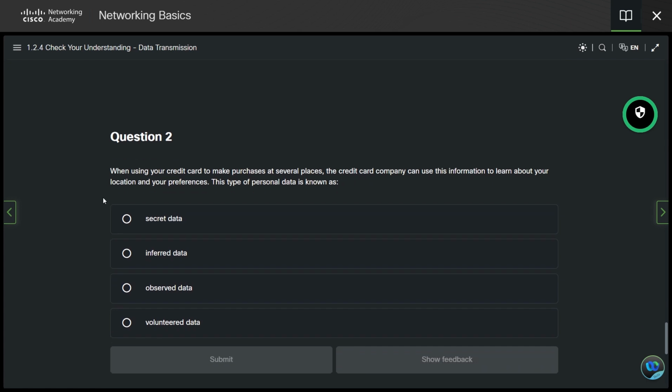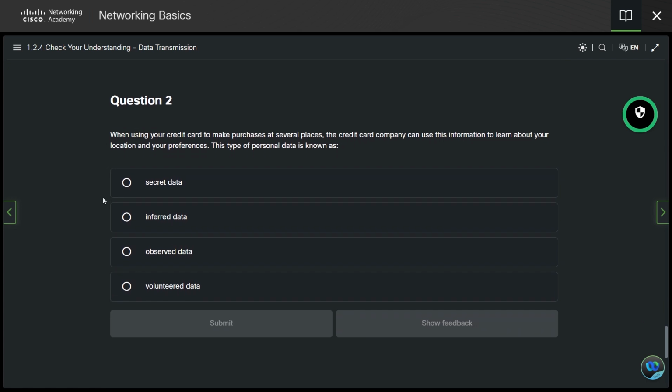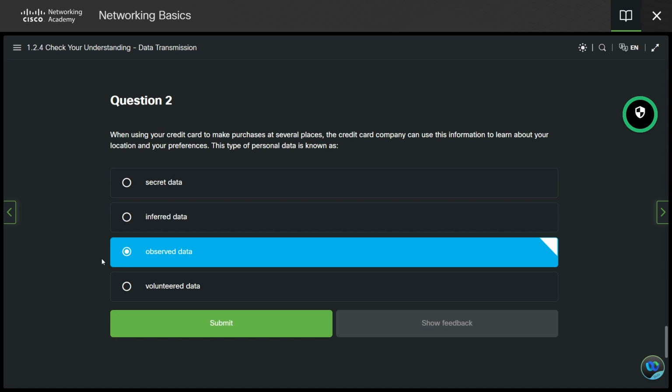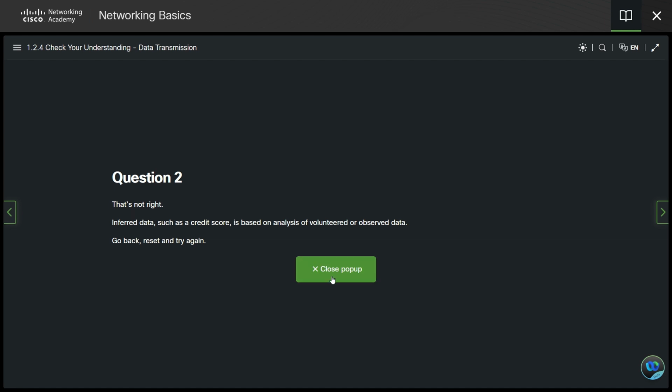Question 2: when using your credit card to make purchases at several places, the credit card company can use this information to learn about your location and your preferences. This type of personal data is known as observed data? That's not right.